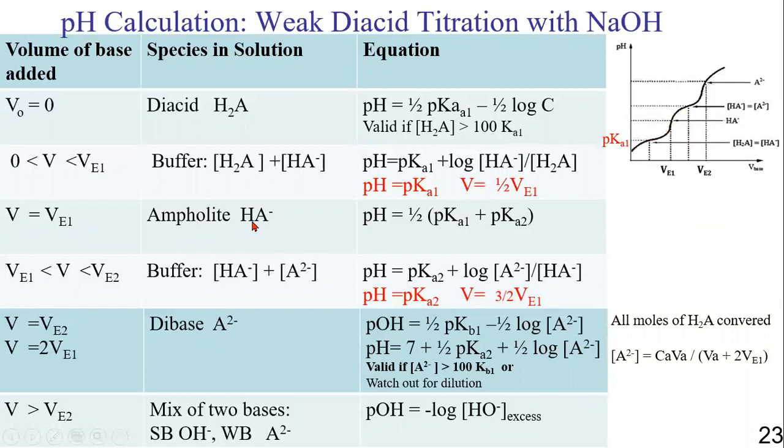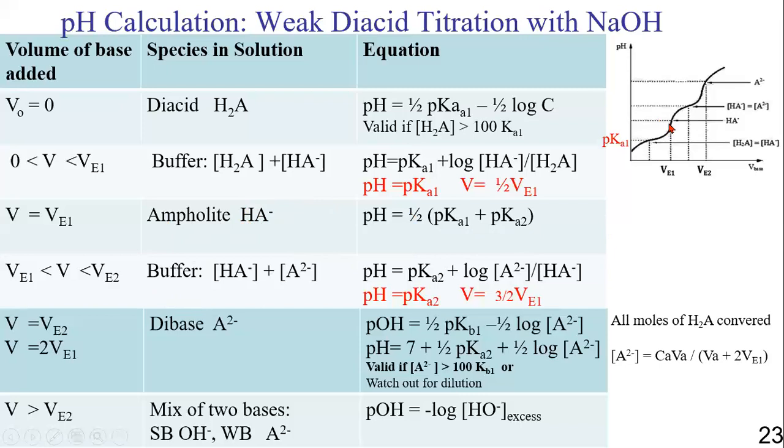Well, what species do I have? I have HA minus. What is HA minus? Yes, it's an ampholyte. What is the pH of an ampholyte? The pH of an ampholyte is simply half of pKa1 plus pKa2, because this HA minus can react either as an acid or as a base.